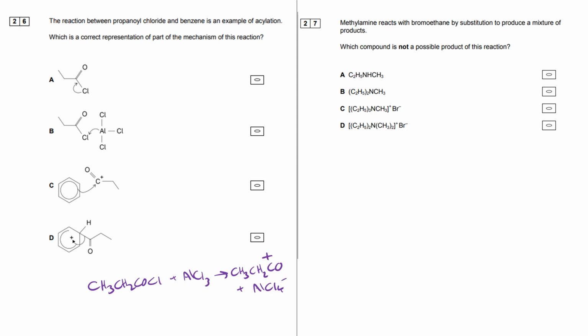The CH3CH2CO+, the acylium ion, is going to bond to your benzene ring via electrophilic substitution.